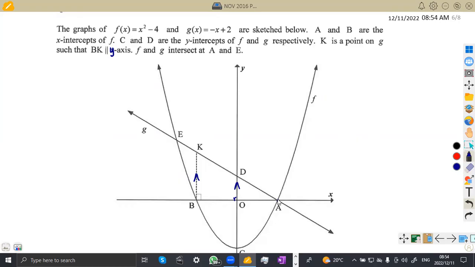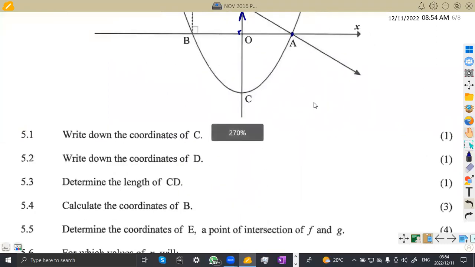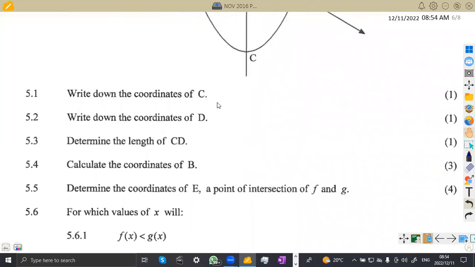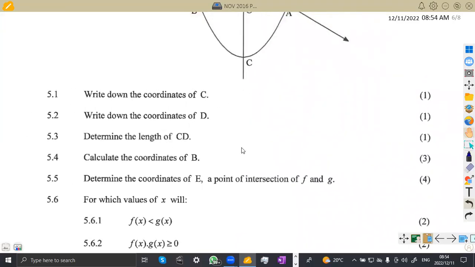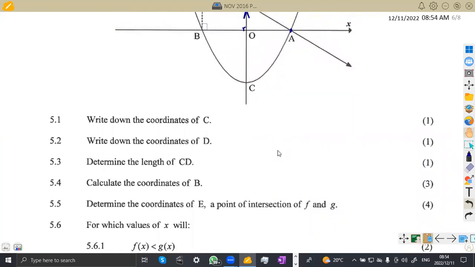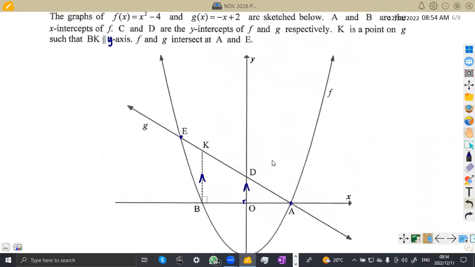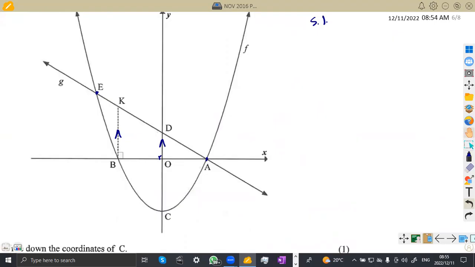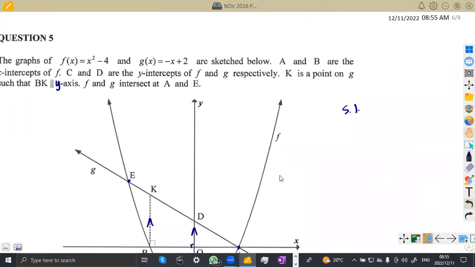So we've got the point A and the point E here as the points of intersection of the two graphs. Okay, 5.1: write down the coordinates of C, which is 1 mark. So what are we supposed to do in this case? We are given 5.1 to calculate the coordinate of C, and we can see that our C here is the y-intercept and is also the turning point of f.